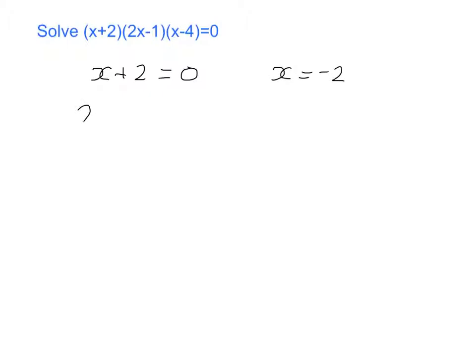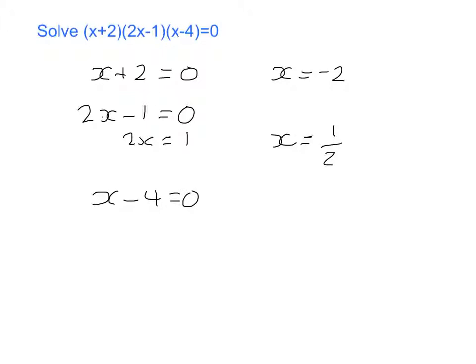If we have 2x minus 1 is equal to 0, then we add 1 to both sides, which gives us 2x is equal to 1. Then divide both sides by 2. That will give us x is equal to a half. And for the third one, we have x minus 4 equals 0.